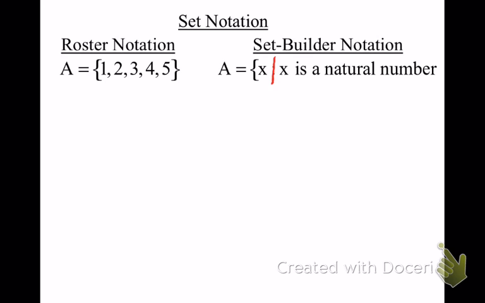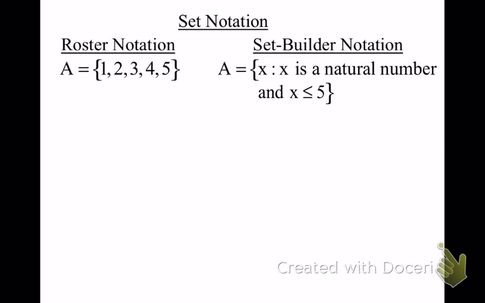Now, we also show it with an inequality. X is such that X is less than or equal to 5. Are you writing this, Connor? Okay, X is less than or equal to 5.